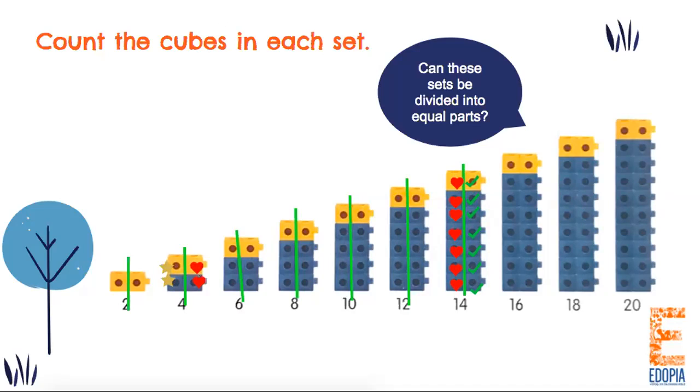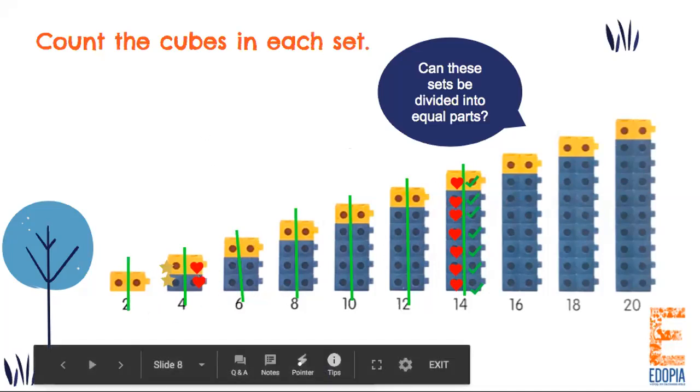So the 14 cubes have been divided into equal parts, 7 plus 7. Consider two children playing together, and if they were sharing all of these cubes, they'd get equal parts. So the split would be even. That is where the name even comes from.